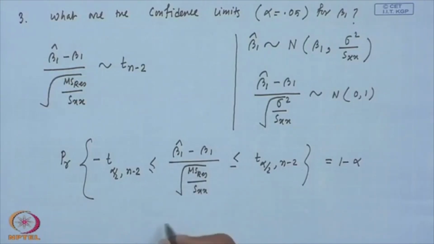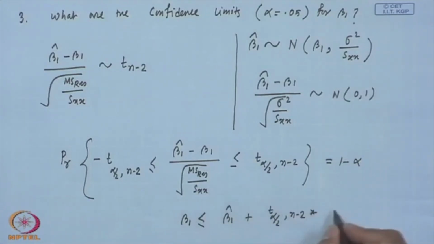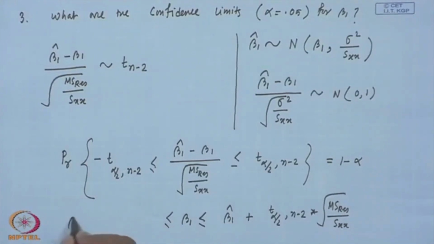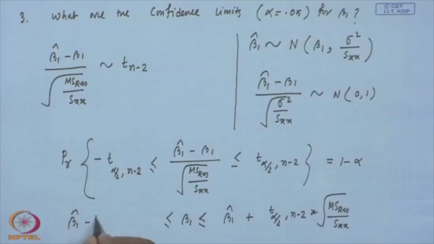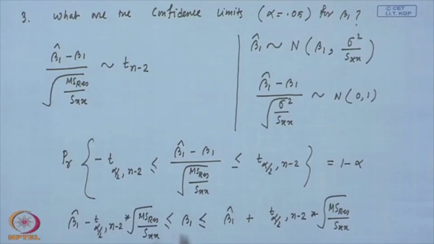So, this can be written as: beta 1 is less than or equal to beta 1 hat plus t alpha by 2, n minus 2, and of course multiplied by this thing, square root of MS residual by S x x, and greater than or equal to beta 1 hat minus t alpha by 2, degree of freedom n minus 2, times square root of MS residual by S x x.